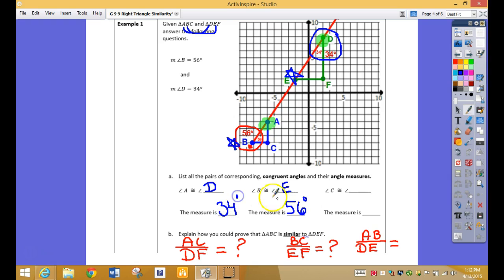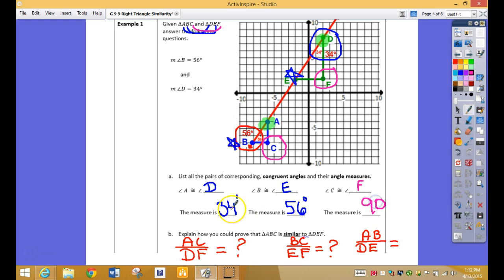Now, if we look at angle C, right here, which one is congruent to C? The F. What is the measure of angles C and F? 90 degrees.